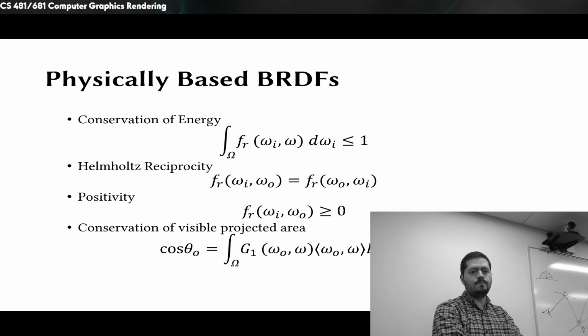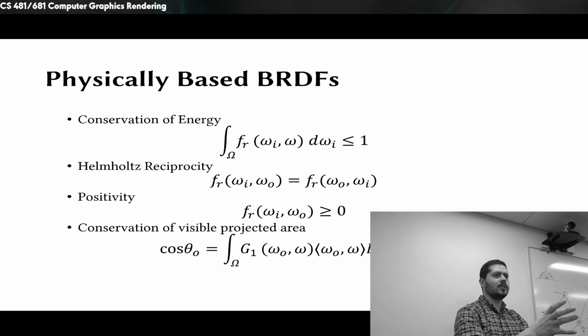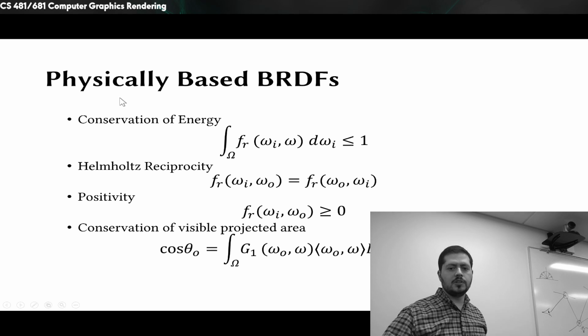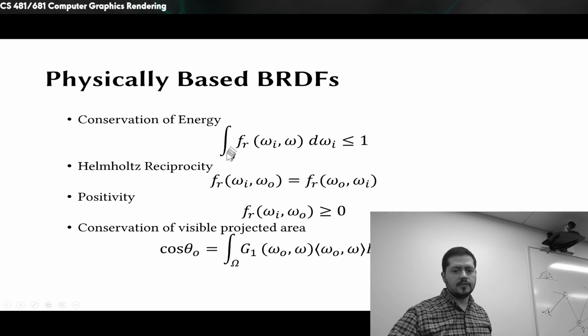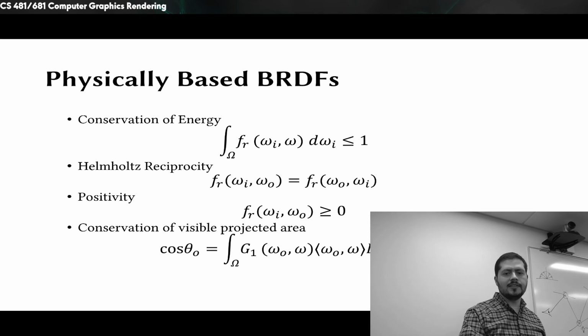Some of them were conceived for generating realistic images, but not all of them are technically physically based, even though they might look pretty good. So the first one is, if you integrate your BRDF over the entire hemisphere, you should never reflect more light than came in, so this should be less than or equal to 1.